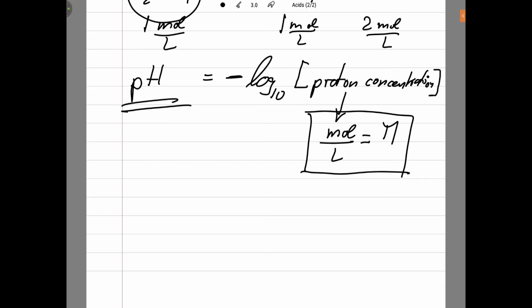So, let's say you have a proton concentration, and sometimes I just simply abbreviate that with the square brackets. Your proton concentration is 1 times 10 to the minus 2 molar. What is the pH of this? You have to do the calculation.